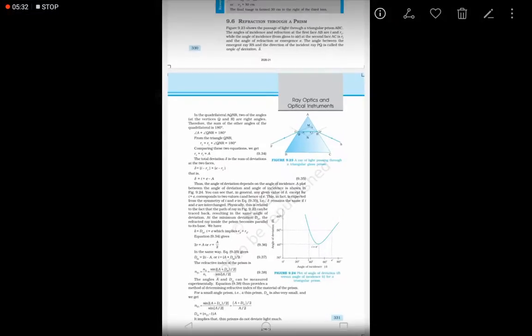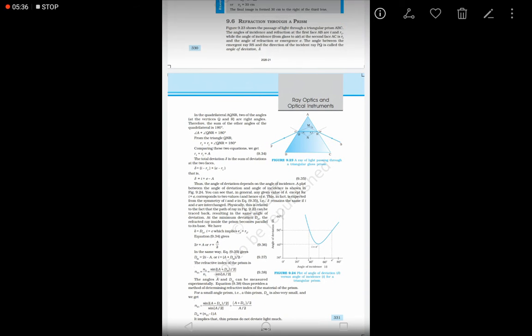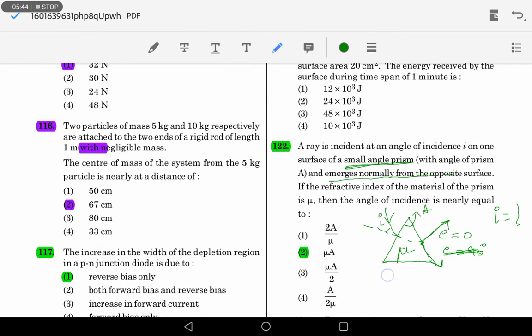For prism you can use R1 plus R2 equal to A, delta equal to I plus E minus A, or we can even use Snell's law, which is mu1 sine I is equal to mu2 sine R1, and I'm going to use it for light coming out of prism.